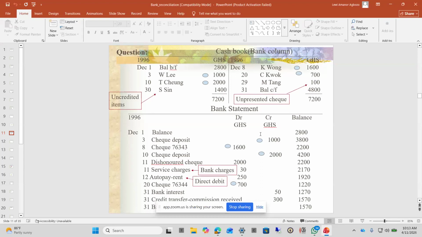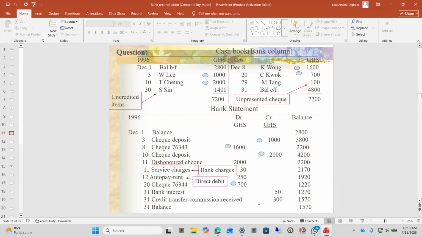On the 12th December, auto pay rent, that's on the debit side, 250 cedis. And the balance was 1,920. On 20th December, check number 76344, on the debit side, 700 cedis.